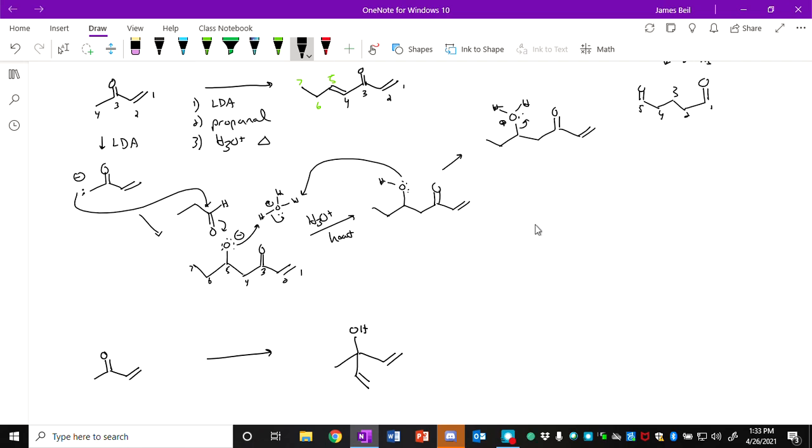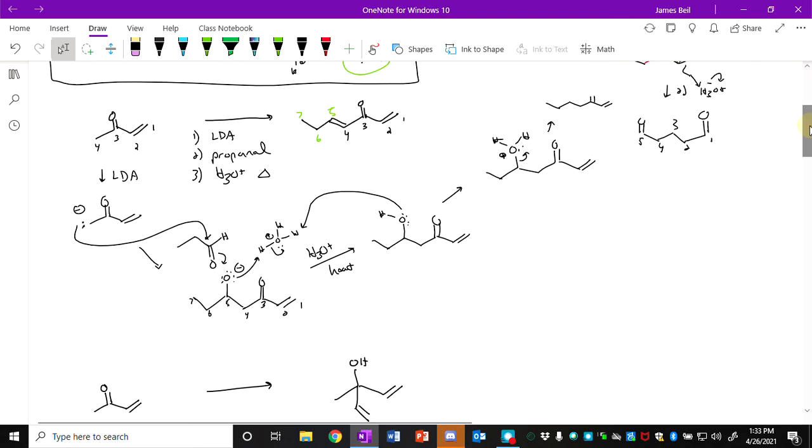That could leave, producing a carbocation. And then a water would pick off this proton. Since that'd be the best base around, there's water forming here as a leaving group. That water would pick off this proton, push electrons in, and form the pi bond.